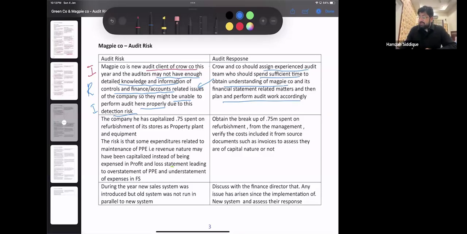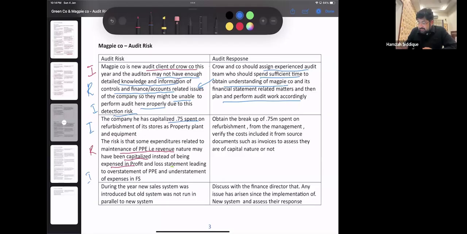The company has capitalized 0.75 billion. That is the issue. Next, what is the risk? Some maintenance expenditure, which is revenue in nature, may have been capitalized as property, plant and equipment instead of being expensed.